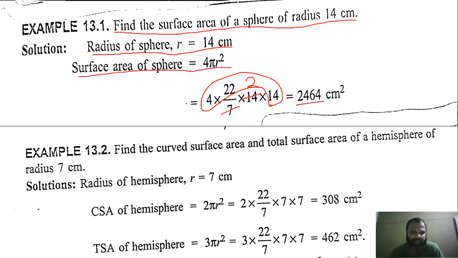Now, example number 2. Find the curved surface area and total surface area of a hemisphere with radius 7 centimeter.